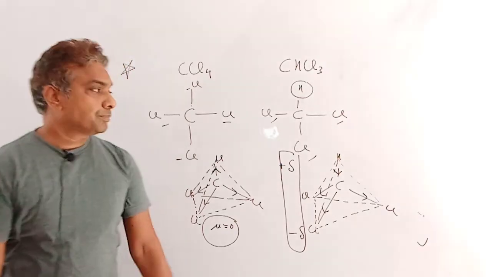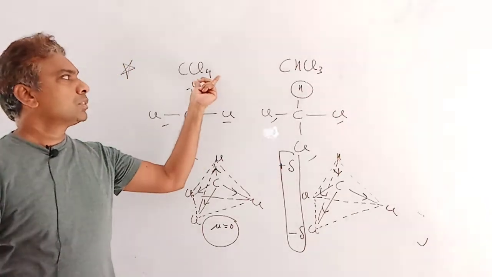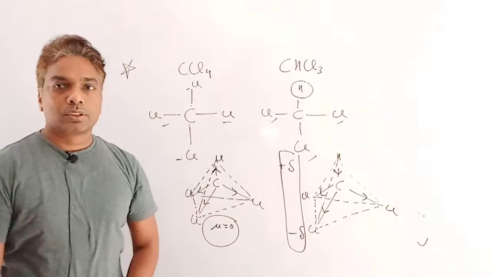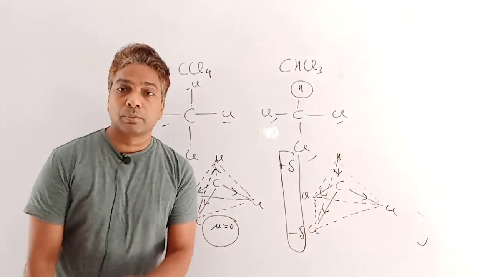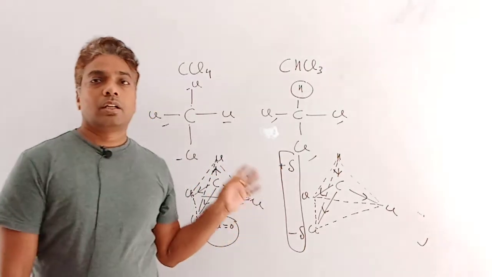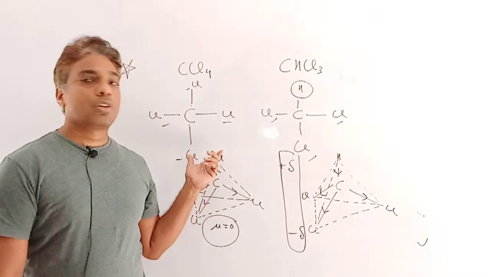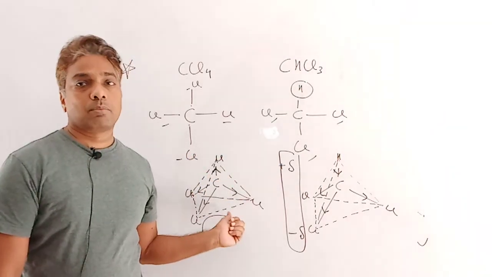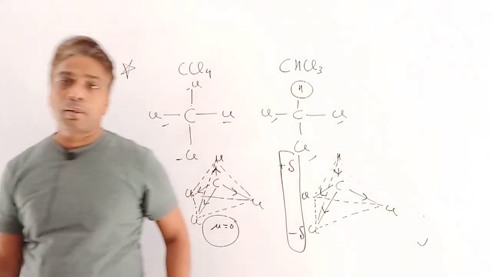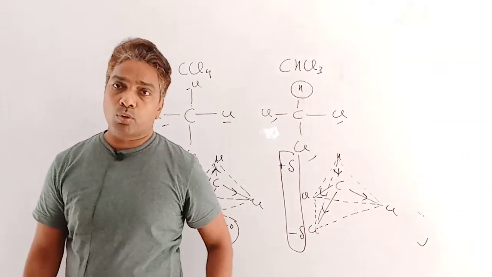Clear? So the dipole moment of CCl4 is 0 due to symmetrical arrangement of chlorine around the central atom. But in case of CHCl3, due to unsymmetrical arrangement, it shows dipole moment.